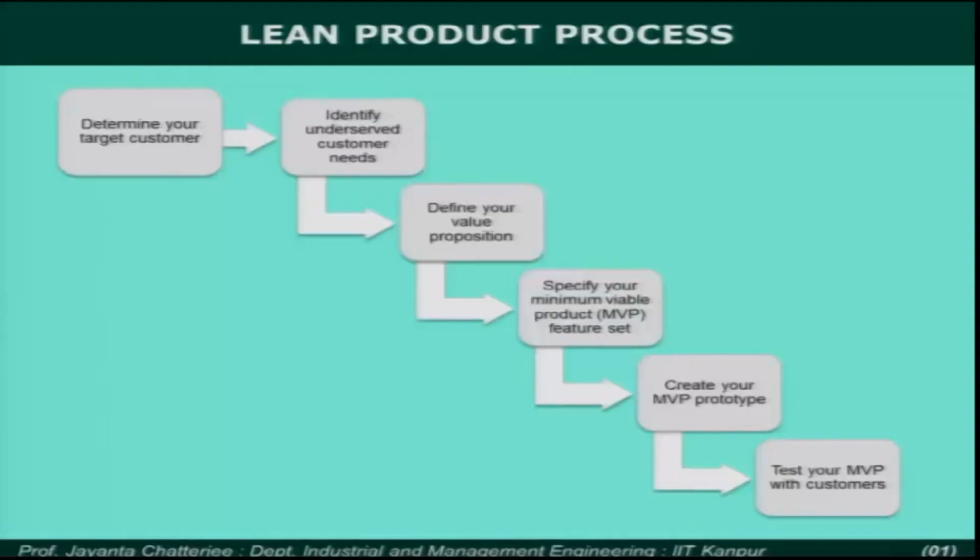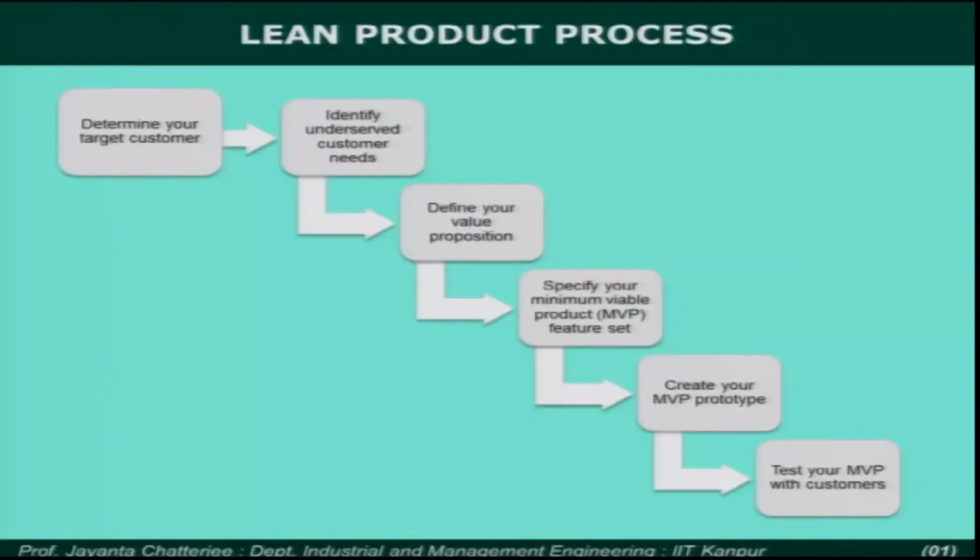So, the lean product process basically has the following steps that you see on the screen. You determine your target customer. This is always the fountainhead, as we discussed even in the last session. This is where you first start segmenting and starting with a well defined focus on a particular type of customers.